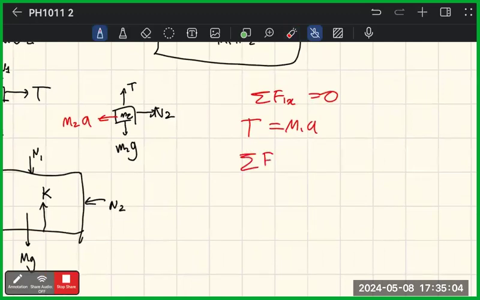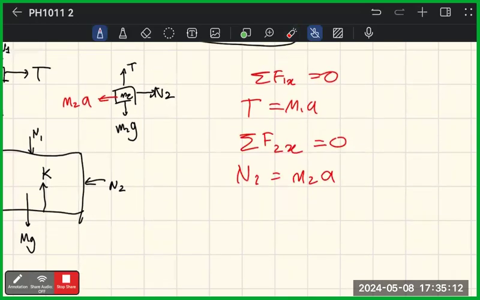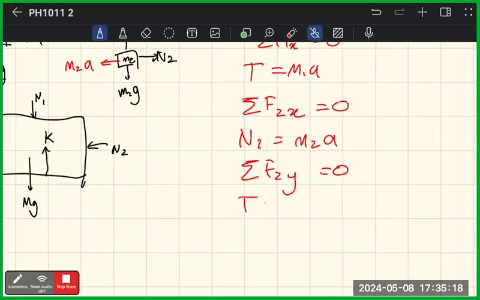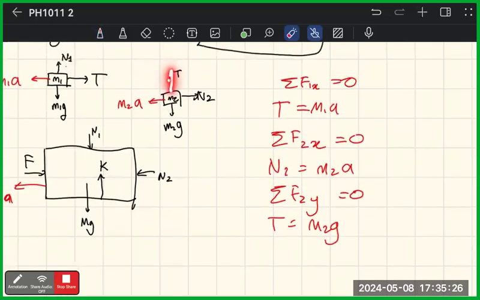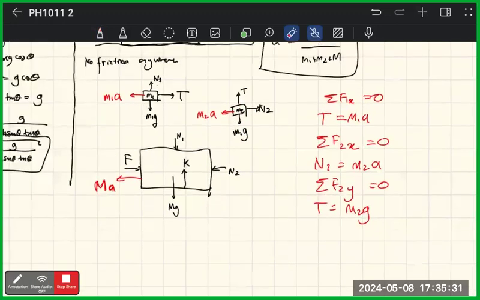Sigma F2x equals 0, so N2 equals m2a, and sigma F2y equals 0, so T equals m2g. It's easy to see that N2 has to be the same as this m2a, and T has to be the same as m2g. Okay, fair enough.